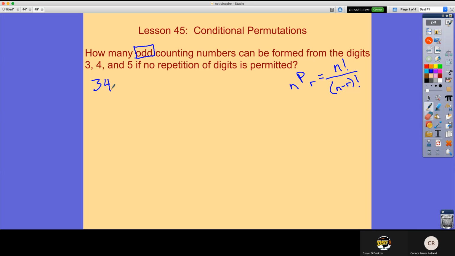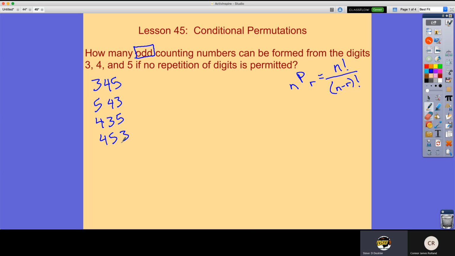345. Give me some more. Let's see if we can get them all without doing any math. 543. Okay. What else? 435. Yeah. What else? 453.